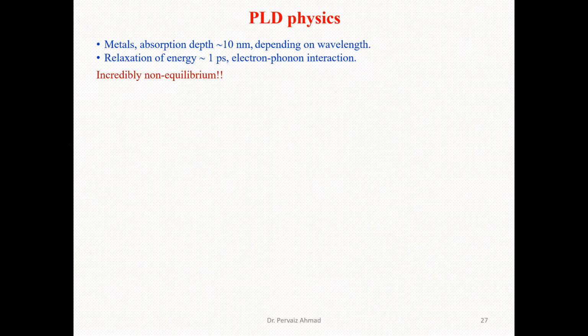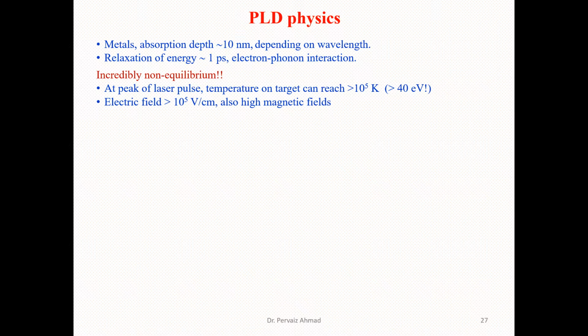So it is incredibly non-equilibrium. At the peak of the laser pulse, the temperature on the target can reach as high as greater than 10 raised to the power 5 Kelvin, with energy greater than 40 electron volts.